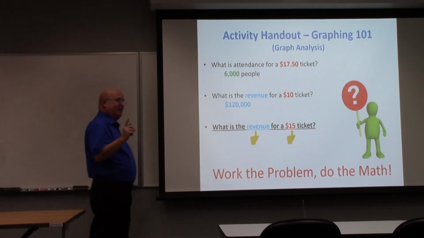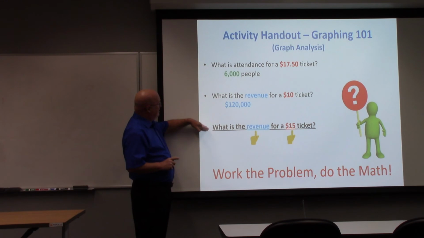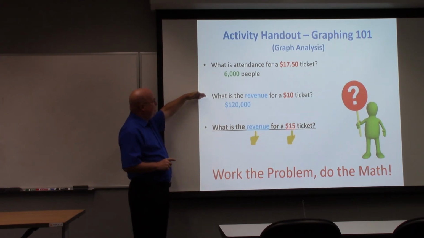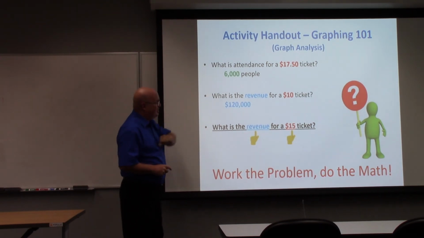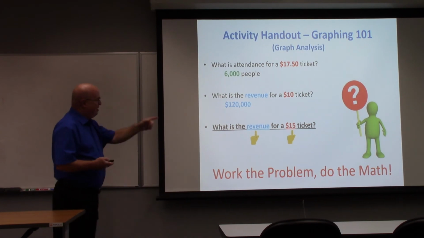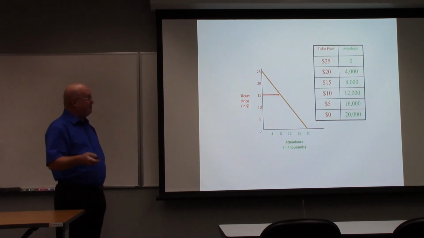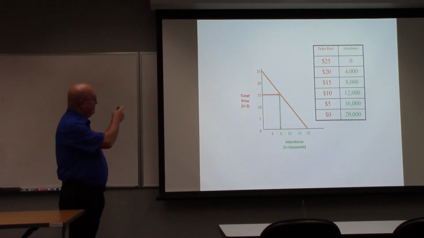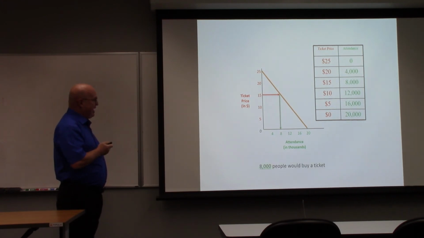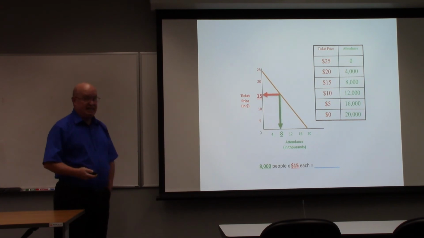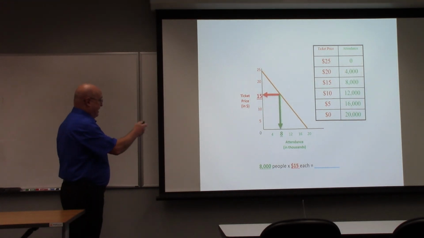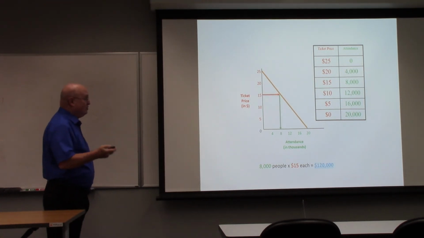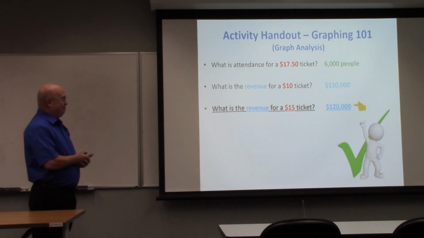Now, here's why you want to go ahead and take notes, because it's the same system that we just did up here. All we're doing is changing the ticket price. So at 15 bucks a ticket, we first have to find out how many people are there. 15 bucks a ticket, we're going to have 8,000. 8,000 people want to buy a $15 ticket. 8,000 times 15, 120,000. Yay!